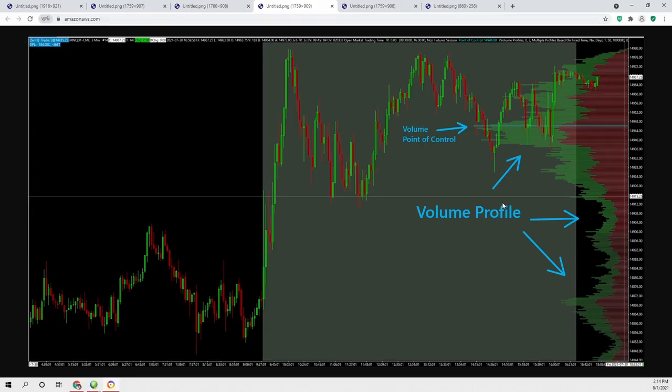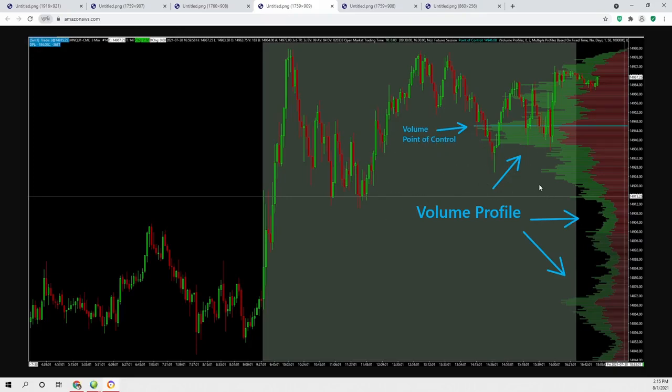So if you get Sierra Chart, which I highly recommend, you can just download my chart book and you will get everything set up the way that I have it set up. And you won't have to change a thing. You can change it if you want to make it look a little different, but you can just use the chart book as is, right?